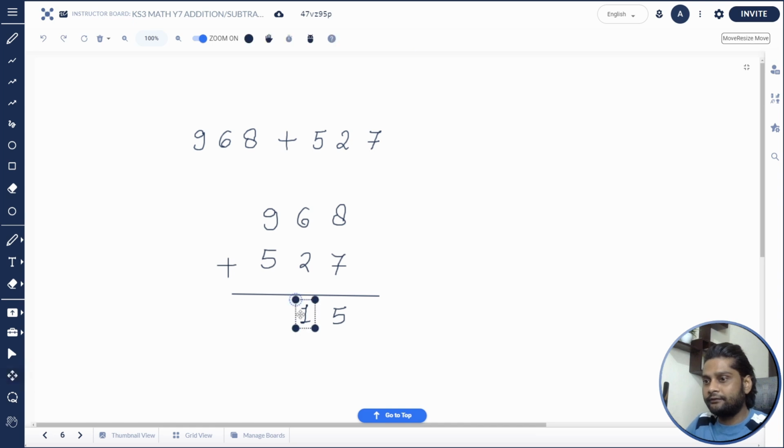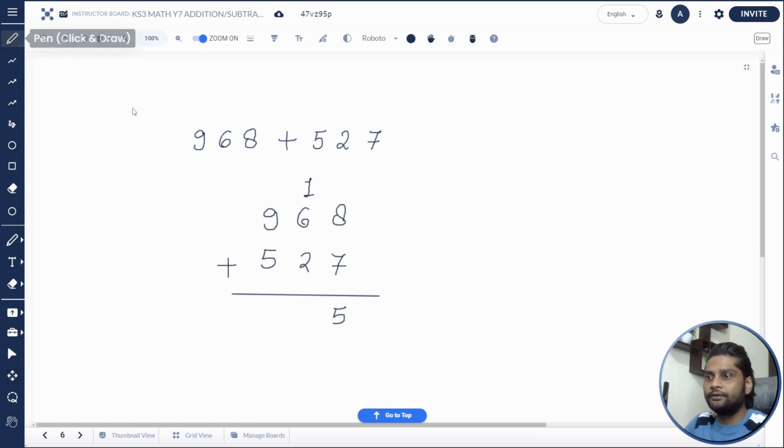We actually have to pick this 1 from here and it gets carried to the next number. So now we have to add 1, 6 and 2 together. And this time 1 plus 6 is 7, 7 plus 2 is 9 and that's a single digit number, so we can keep it like this. Further we have 9 plus 5 which is 14. Right now there is no need to write it further anywhere else because there is no number to be added after that. So we can write this 14 as it is.